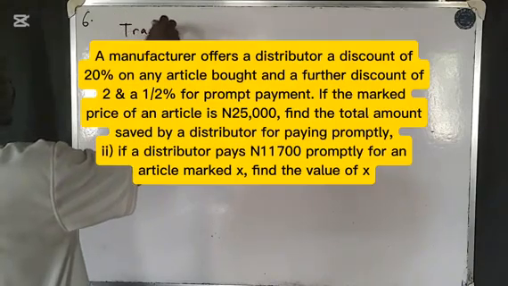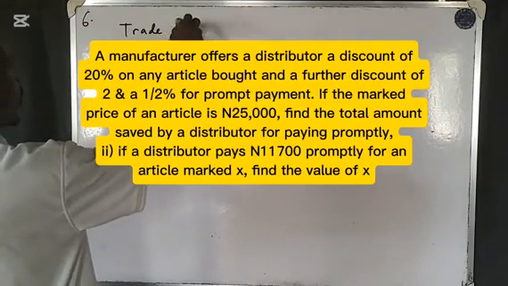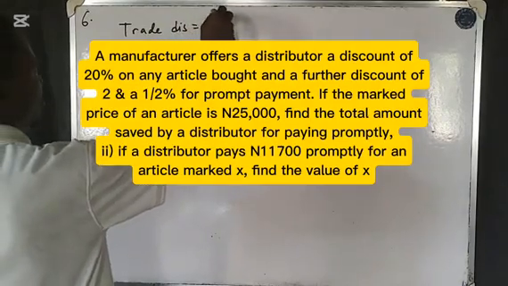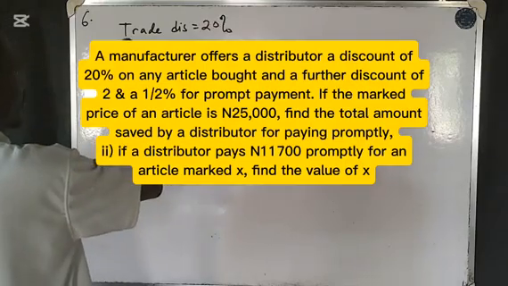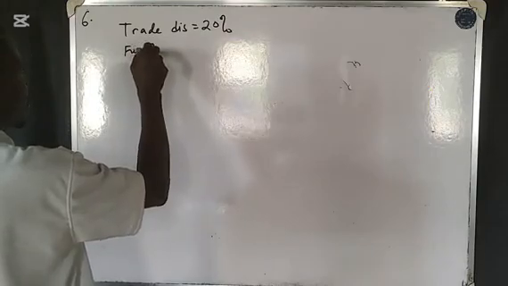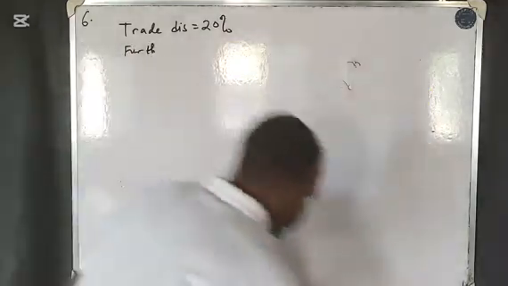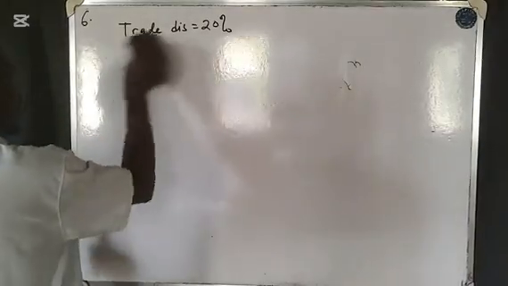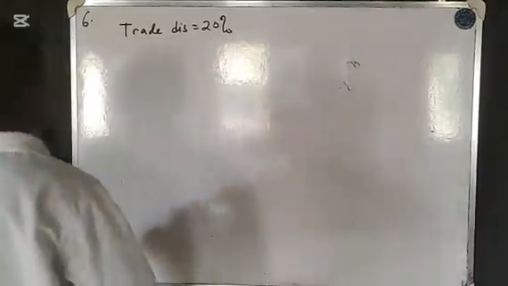So the trade discount is 20%. Then a further discount for paying promptly, which I will call the prompt payment discount.